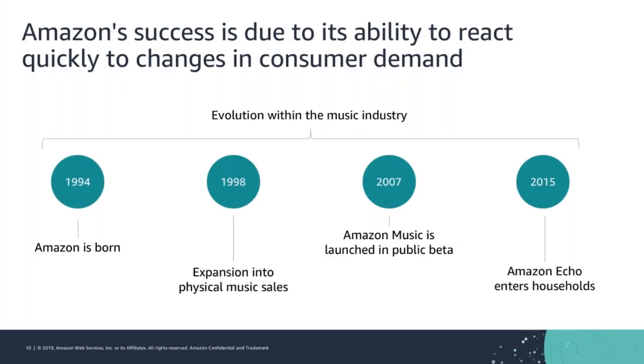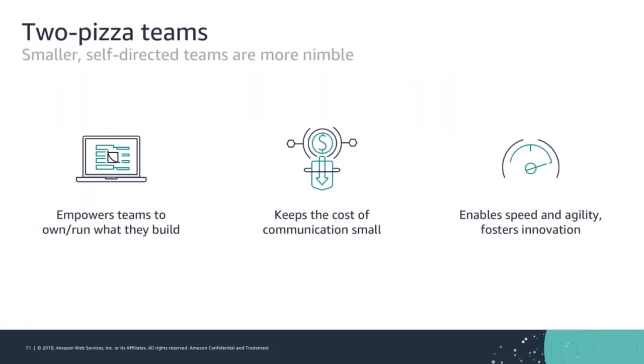But the underlying secret sauce that I think has really allowed us to make the right decisions, to build the right solutions, and to innovate at a pace that allows us to keep up with the rate of change within this market is really that underlying cultural shift that we made in order to support lots of different teams all innovating very quickly, and building a culture in which that type of innovation was easy to cultivate. So Carmen, maybe you can talk a little bit about some of the structure around how we do that with the concept of two pizza teams.